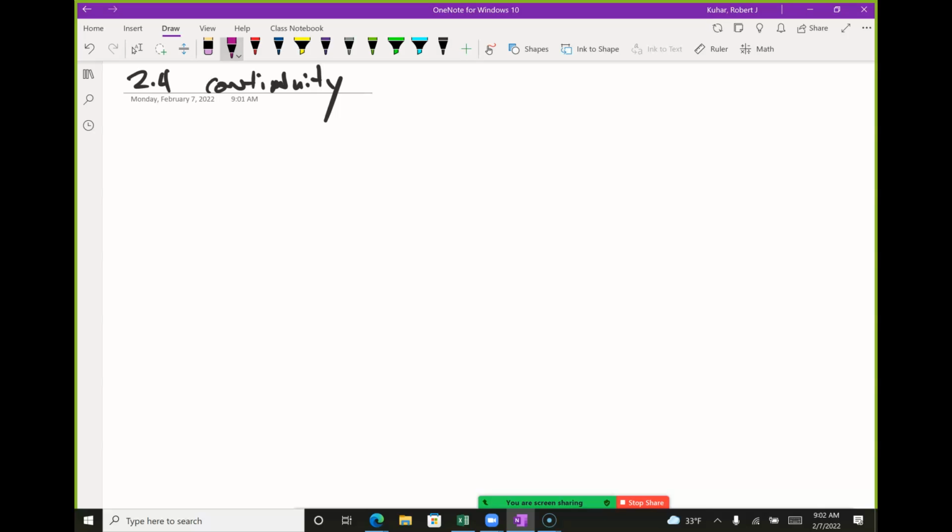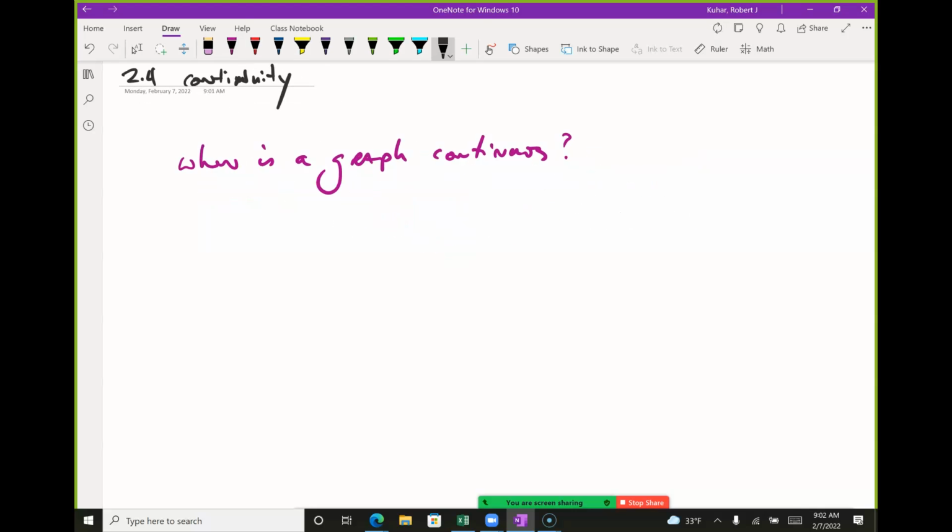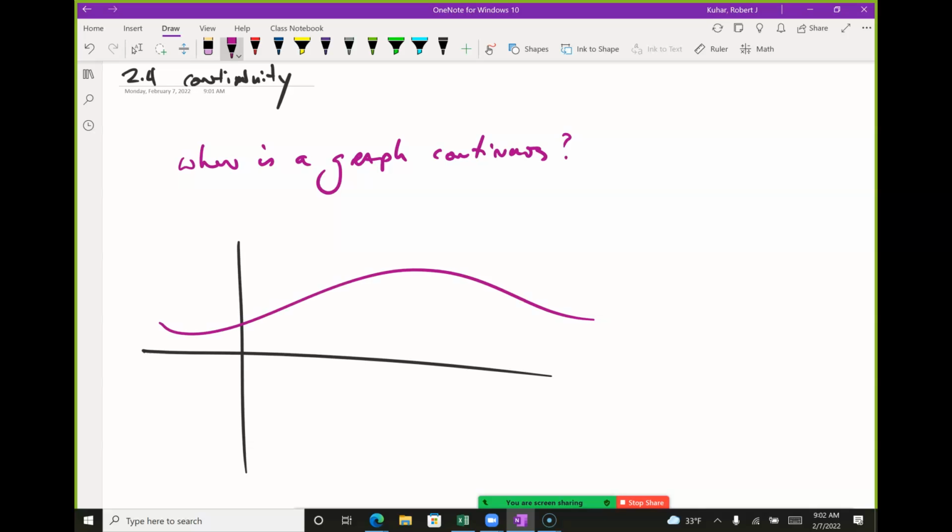When is a graph continuous? It's obvious, right? It has a few rules, but you can put your finger along the line at any point, and there's no hole. Perfect. No holes. That's the easiest thing to think about it.